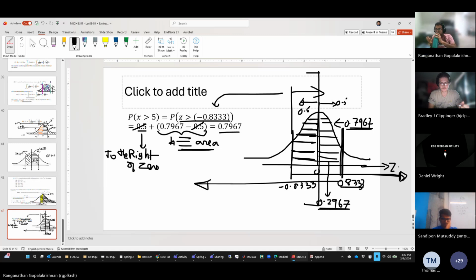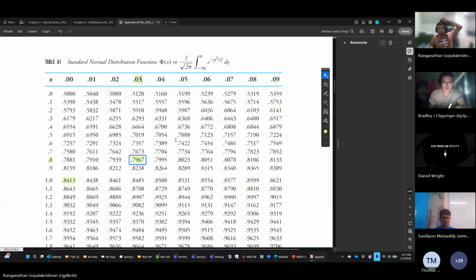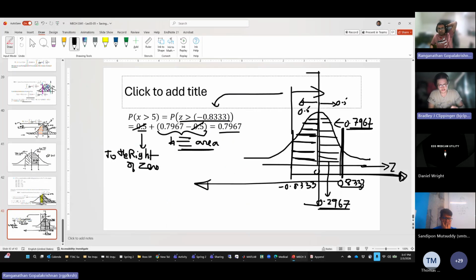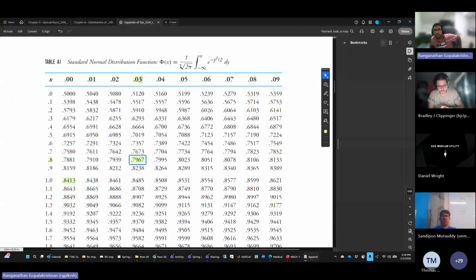Bradley? I'm sorry, how did you get the 0.7967? That is coming from the table. Table? Gotcha. Okay. At some point, you're going to use the table. So usually once you've figured out what's the line that you want, that's your reference line, then you go back and look up the table.